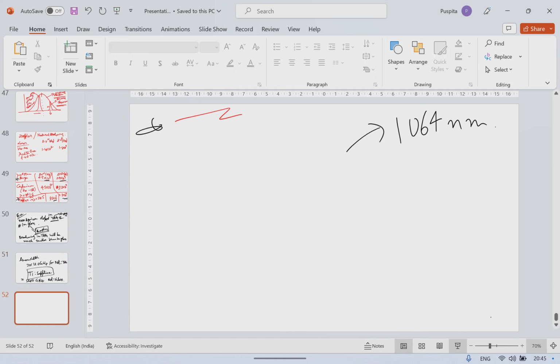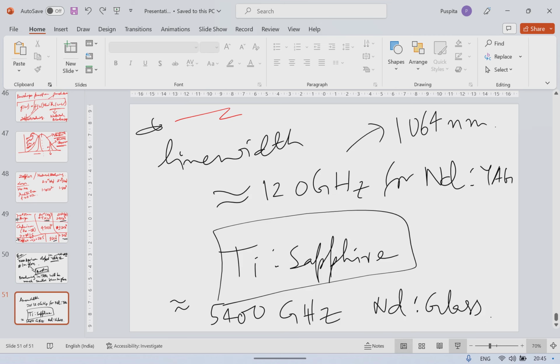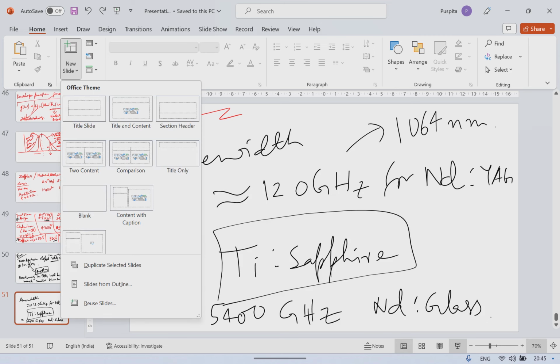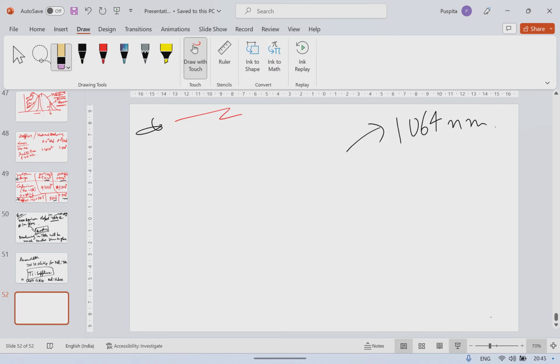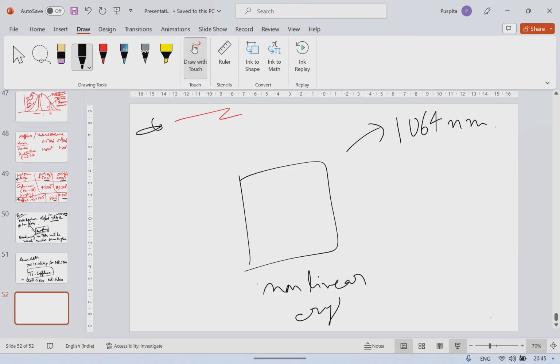I don't want to go into that. Because of nonlinearity in the crystal, a nonlinear crystal has a different refractive index in different directions. That's the reason that we can generate different frequency from that.